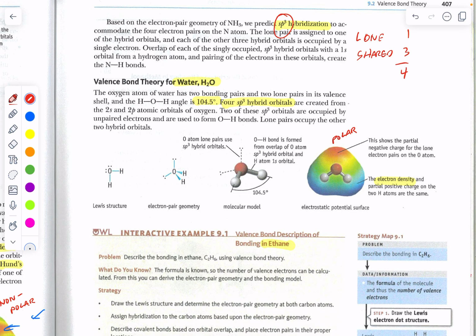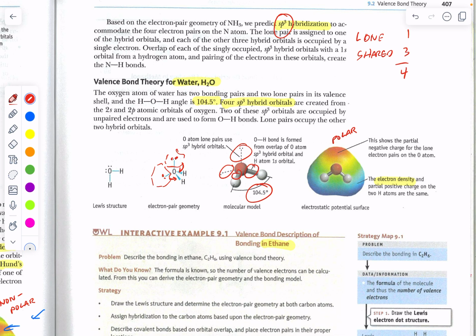When we come to water, now we have two lone pairs, which are going to bulge outward because they're not stretched thin between two nuclei, which are going to push on these shared pairs, and now my bond angle gets even smaller from 107 whatever down to 104.5. We have a bent or angular molecule, but we still have 1, 2, 3, 4 regions of negativeness.